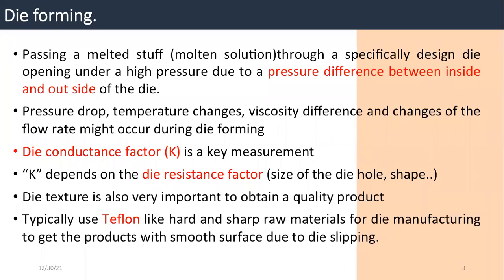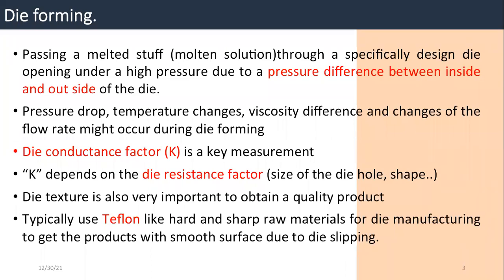As an example, think about what happens when we boil some sugar or flour. The texture will change, and we can get a liquid solution, but it is a concentrated liquid solution. We call it molten solution hereafter. It moves through a specifically designed die opening under high pressure due to the pressure difference between inside and outside.